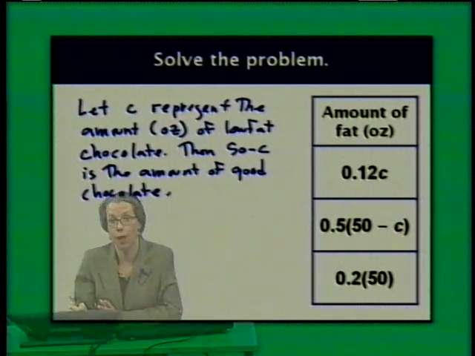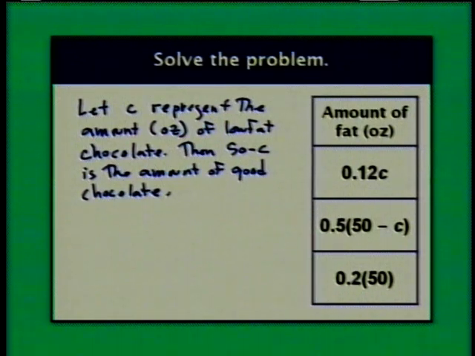So now that I've defined my variables, I can write an equation. I'm going to add up the amount of pure fat in the low-fat chocolate and the high-fat chocolate, and that should equal the total amount of fat in 50 ounces of 20% fat chocolate, which is 10 ounces of pure fat in the mix.